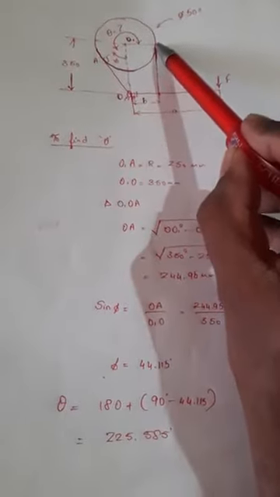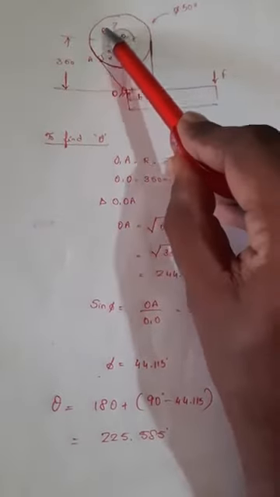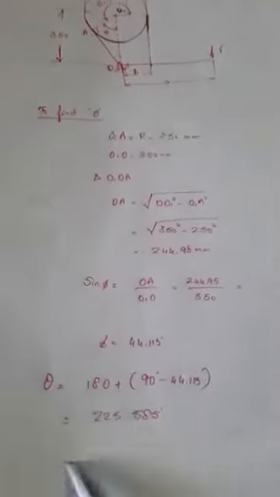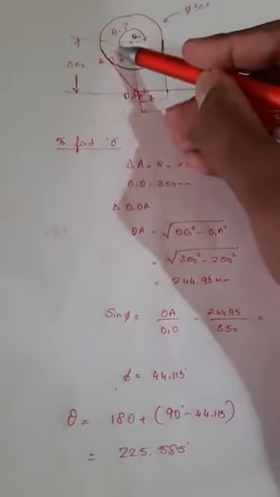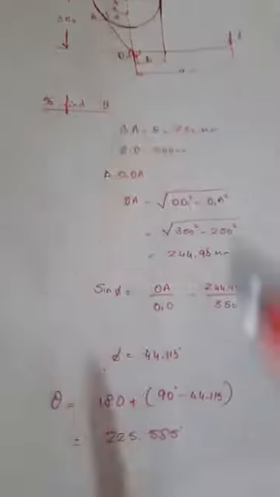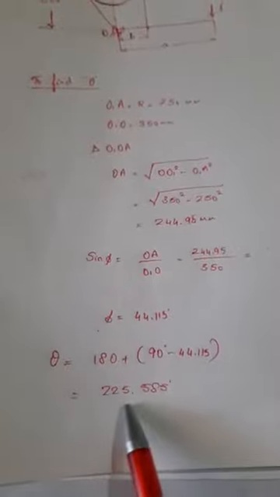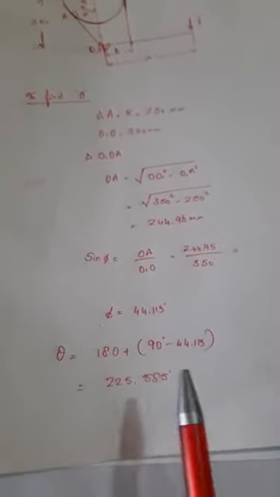As you can see, this line is straight, so the angle of lap will start from here. This is 180 plus 90 minus this phi 44.115, and that will be the angle theta.